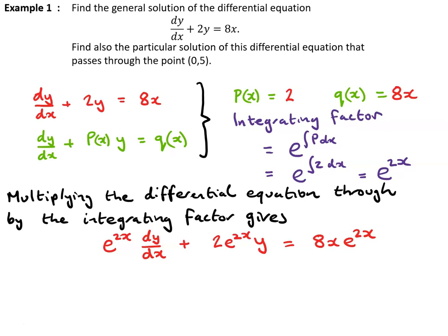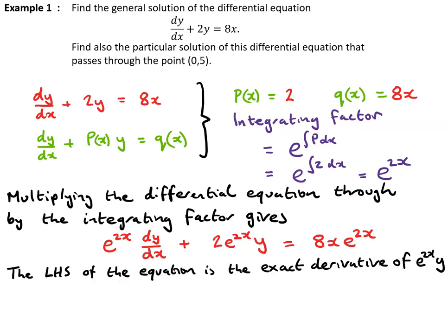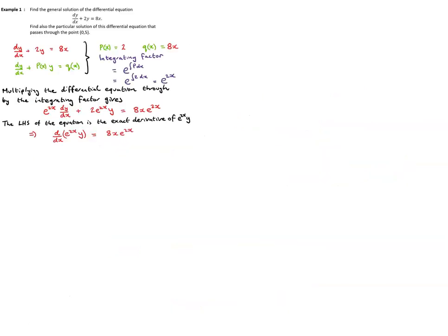The left-hand side is now the exact derivative of e to the 2x times y. So we can rewrite the equation as d by dx of e to the 2x times y equals 8x e to the 2x. So that's where we've got to at the moment.